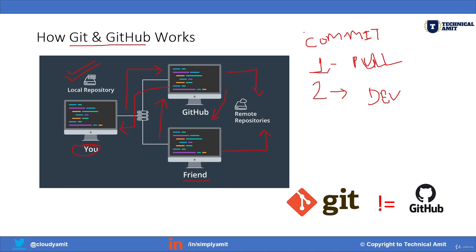This is not just for you, this is for every developer who is working in a source version control environment, using Git or GitHub, GitLab, Bitbucket or Azure DevOps or anything. So that is about how GitHub works.